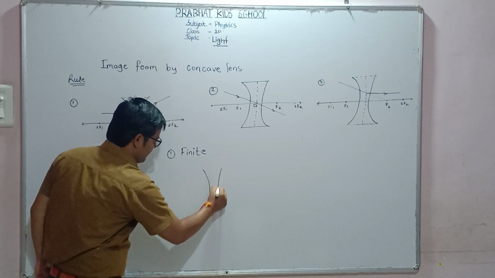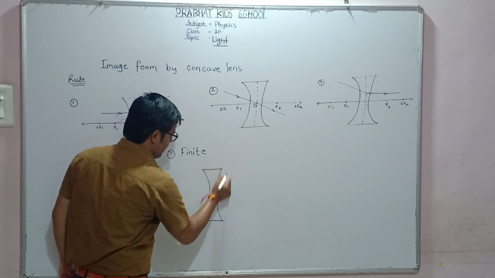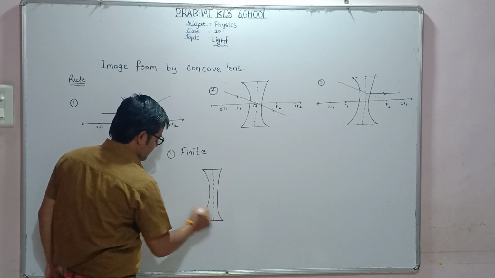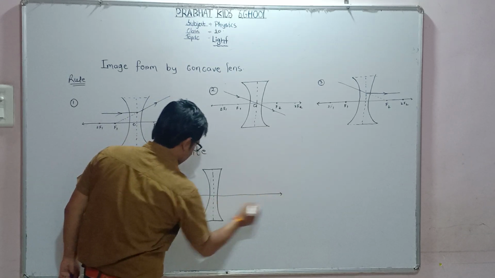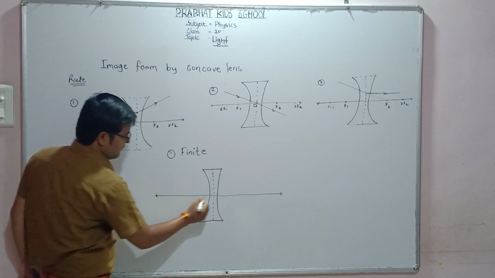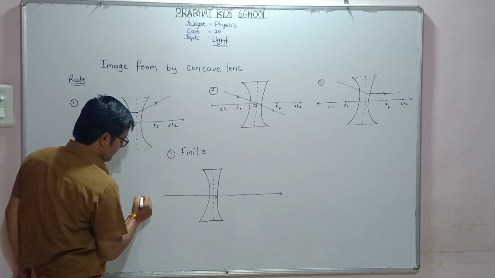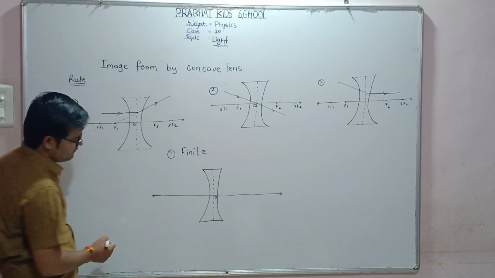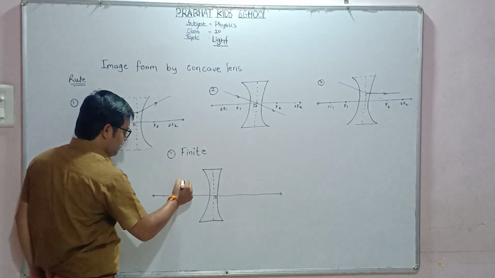This is a lens. This is the optical center. Finite means anywhere on this axis.